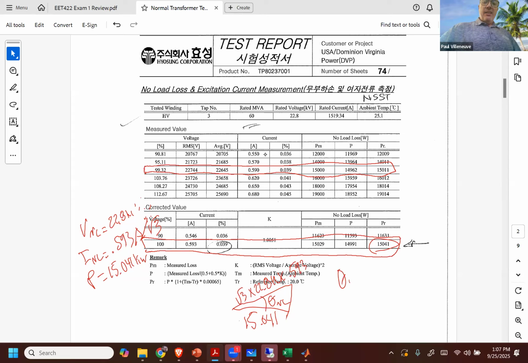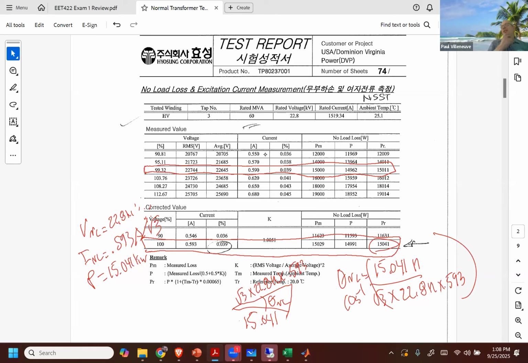The angle here is the no load test. So my theta no load is going to be equal to 15.041 K divided by square root of 3 times 22.8 K times 0.593. And don't forget, I have to take the inverse cosine of that because that would be the cosine of the angle.